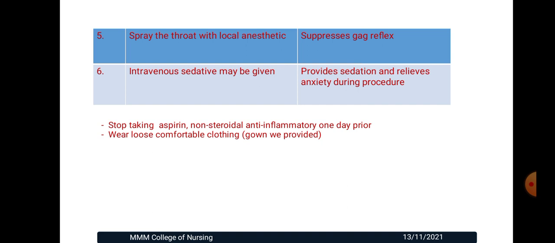And next point is spray the throat with local anesthetic, which suppresses the gag reflex. And next, intravenous sedative may be given. It provides sedation and relieves anxiety during the procedure. Stop taking aspirin, non-steroidal anti-inflammatory drugs one day prior. Wear loose, comfortable clothing, that gown we provided.